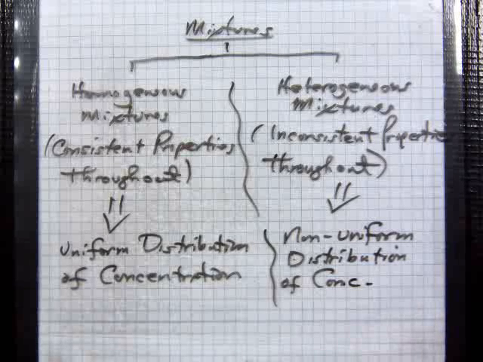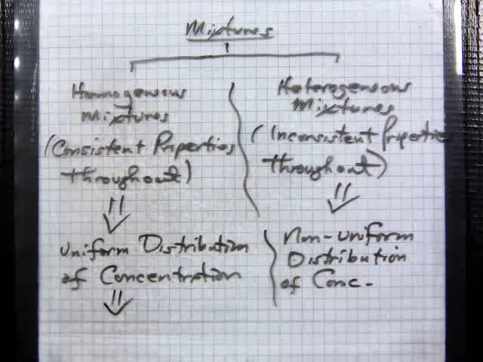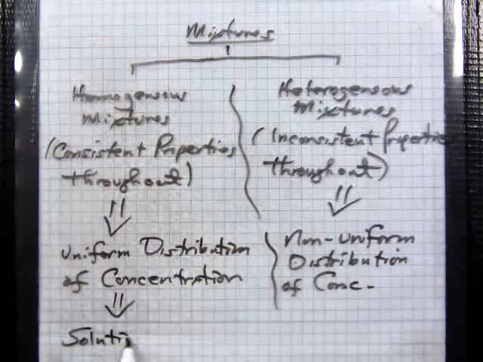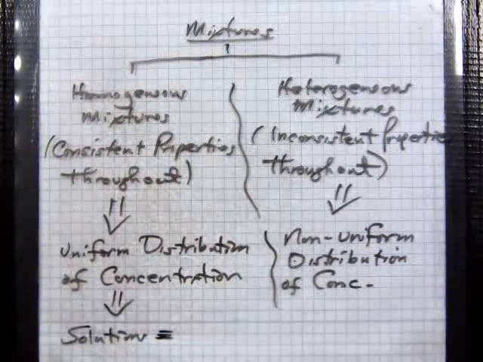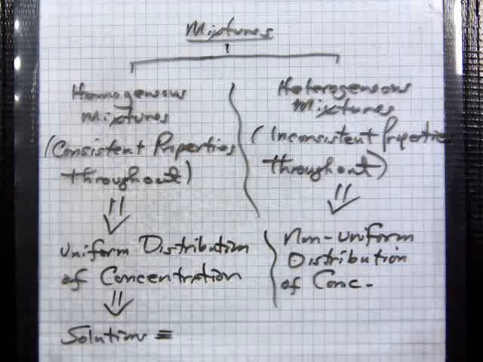Now, the simplest one that we can talk about in terms of mixtures is the solution, as one of the types of the mixtures. These are essentially defined as homogeneous mixtures in themselves.